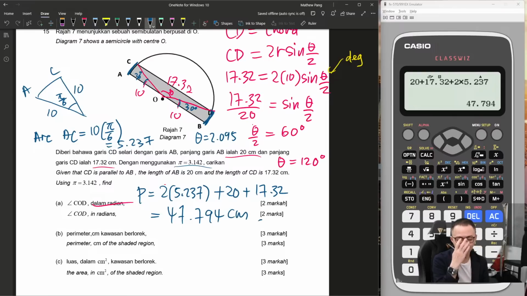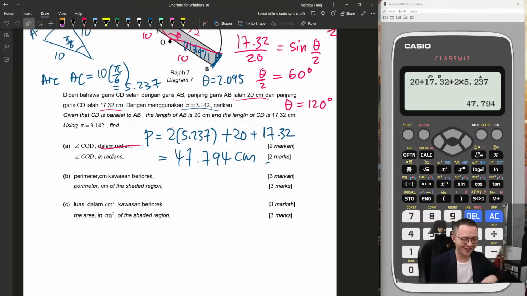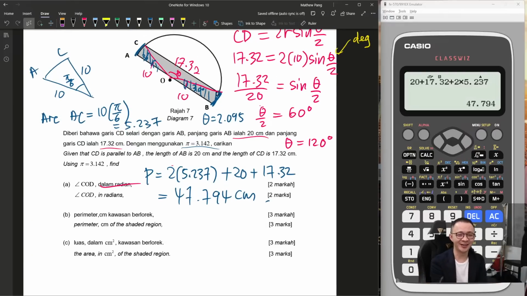Okay, then we want to get the area of the shaded region. If you see, you already know this one is one sector, another sector. So it's basically just two sectors plus the triangle in the middle, isn't it? Last year when I answered this question, I didn't know the chord formula. If you don't know the chord formula, you can do the cosine rule, or you can split the triangle into half and use SOHCAHTOA also.